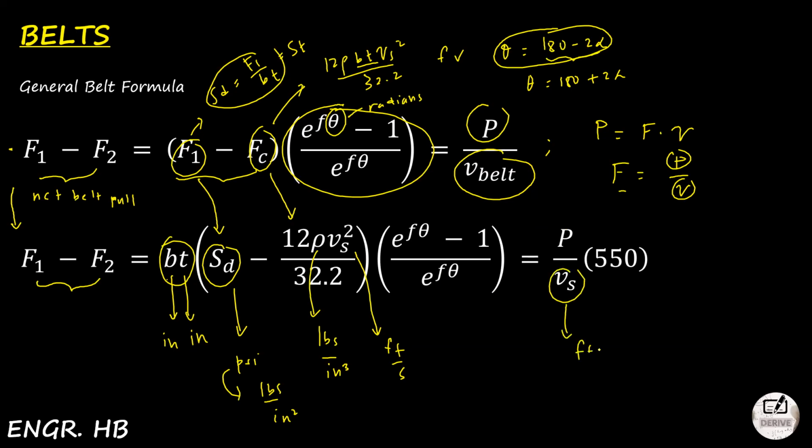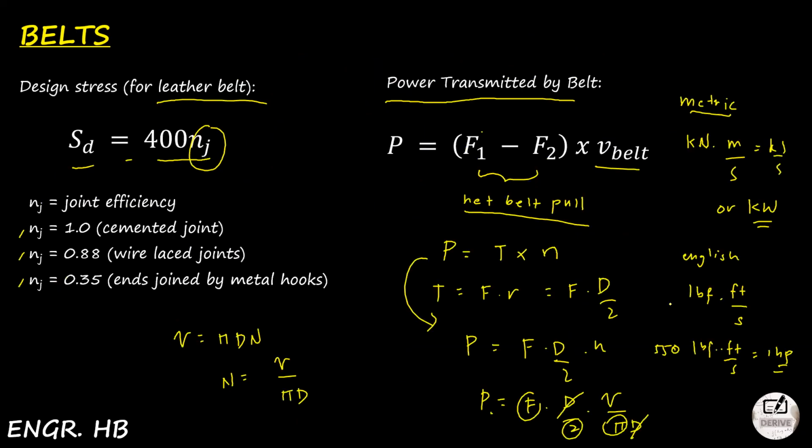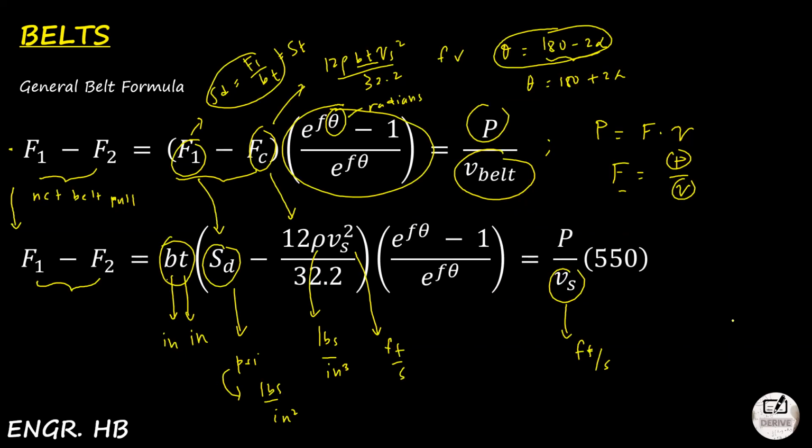Ito, syempre, feet per second pa rin. Kagaya naman yung nandito. Is equal to power over BS times 550. Kagaya yung sinabi ko kanina, 550 foot-pound per second is equal to 1 horsepower. So, diyan nagmula yon. So, sundin mo lang daw itong mga units na to ay makakuha ka ng power in horsepower.